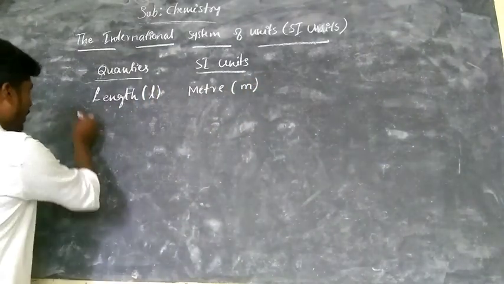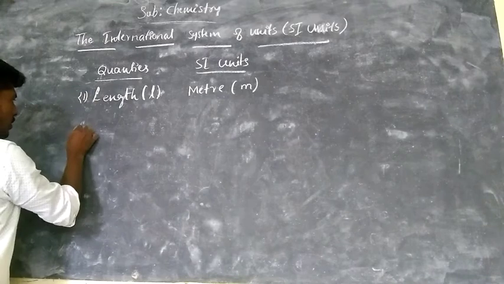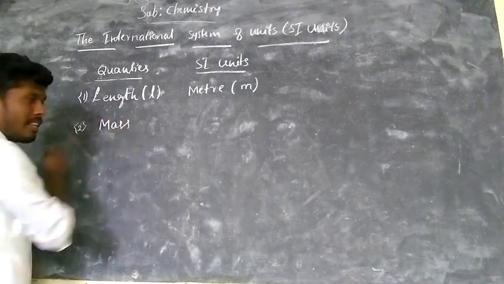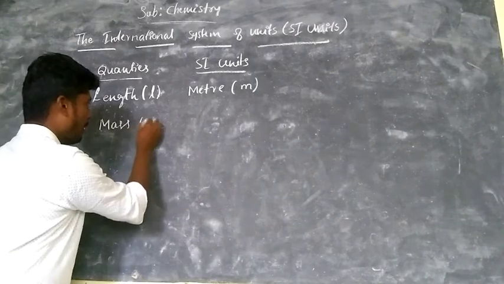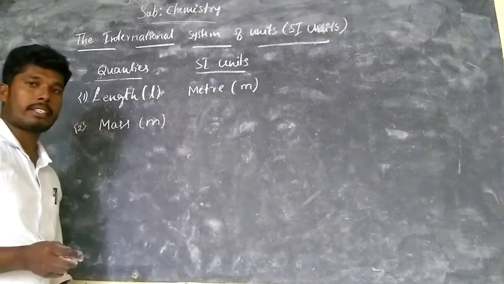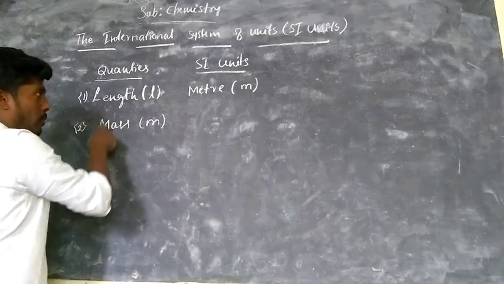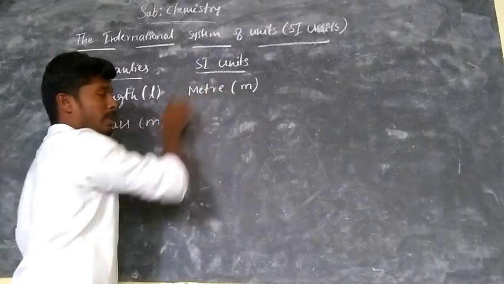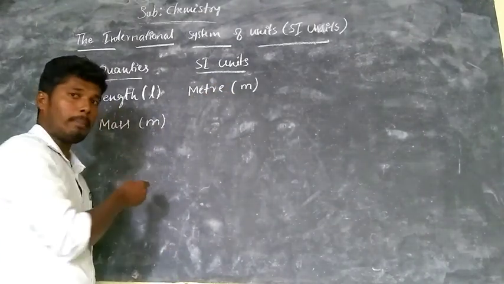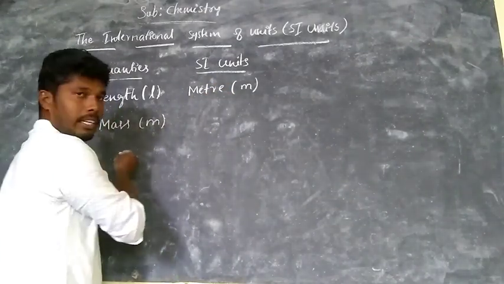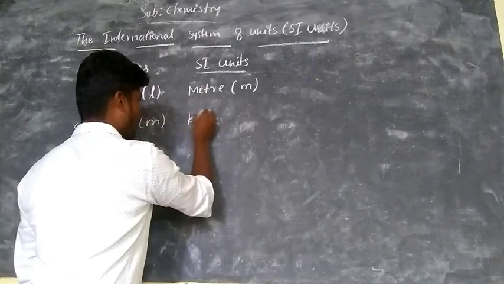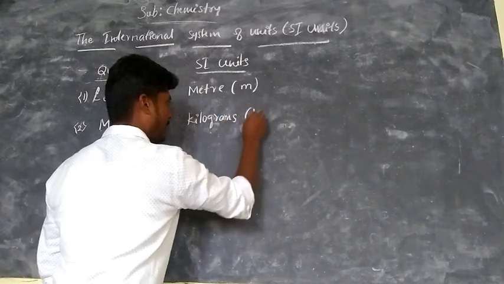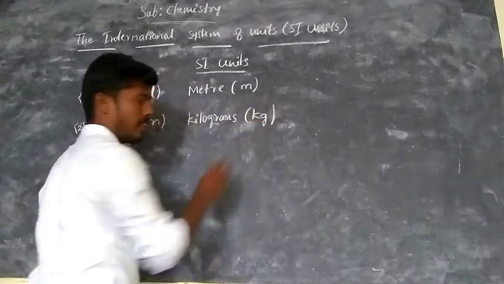Then take the second one, mass. It is indicated by the symbol small m. This is the quantity, these are the symbols, and these are the SI units. Mass is nothing but weight, and it is measured in kilograms, indicated by kg.